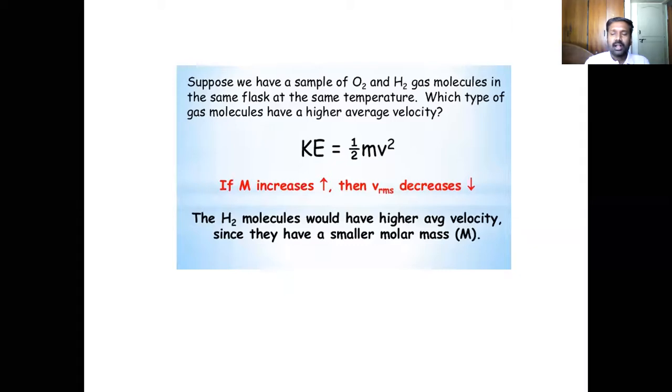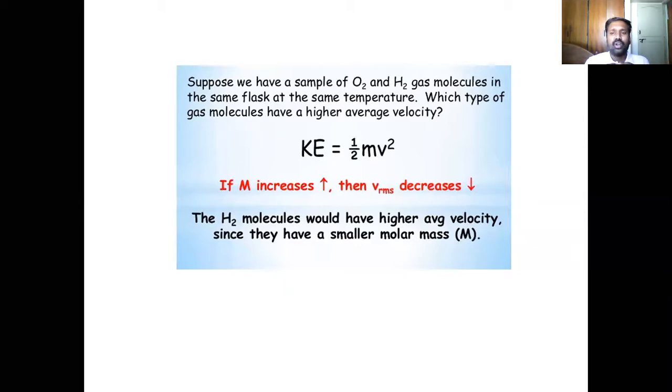Now, if we have two different gas molecules, oxygen and hydrogen for example, in the same flask and kept at the same temperature, which one would you expect to have a higher average velocity? Now we start looking into matters not from the angle of energy, because for our discussion, energy is not a very focused parameter.